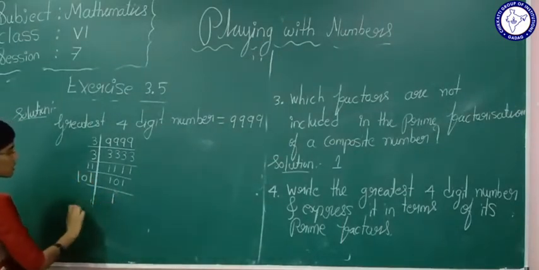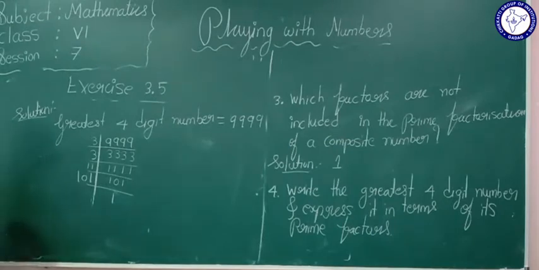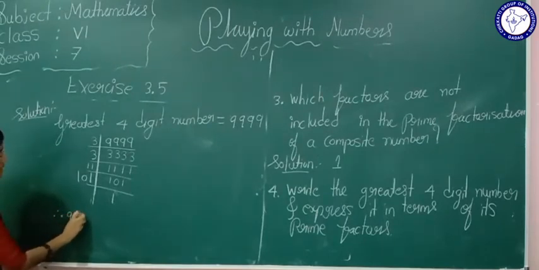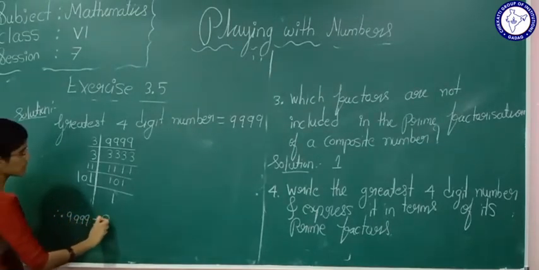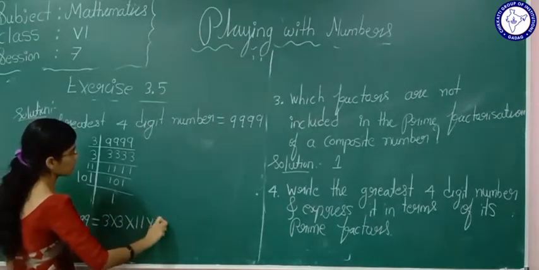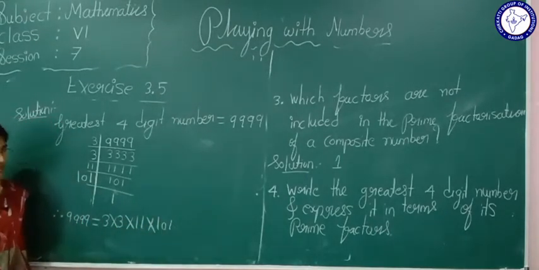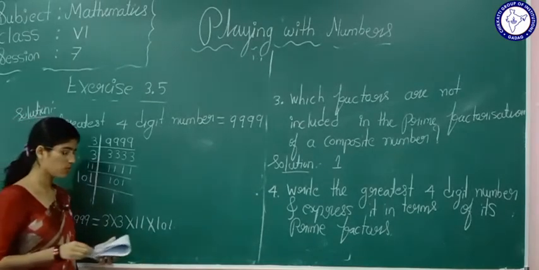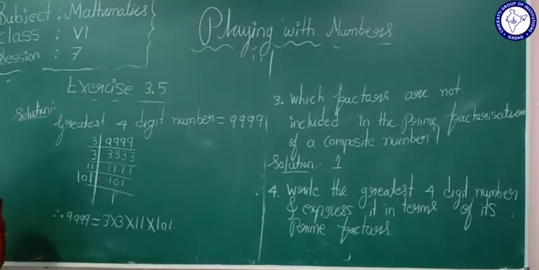Now we got the quotient 1 here, so we will stop here. Therefore 9999 can be written as 3 multiplied by 3 multiplied by 11 multiplied by 101. And this is about the fourth question. In a similar way you do the fifth one.